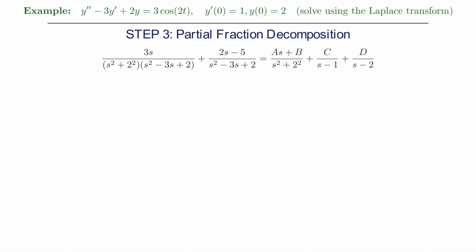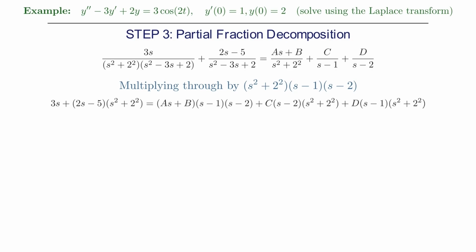The way that I'm going to solve it here is by multiplying through by the left hand side denominator, the (s squared plus 2) squared, (s minus 1) and (s minus 2). So doing this on the left hand side, everything will cancel on the denominator of that first fraction, giving us just 3s.